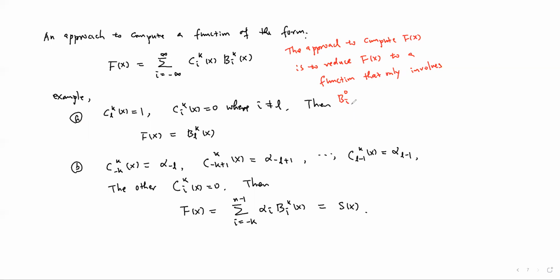B_{i,0} is equal to 1 over this interval, and it's 0 at other points. In the definition of capital F, the definition involves B_{i,k}. Now, I reduce B_{i,k} into B_{i,0} by the definition of B_{i,k}. What is B_{i,k}?